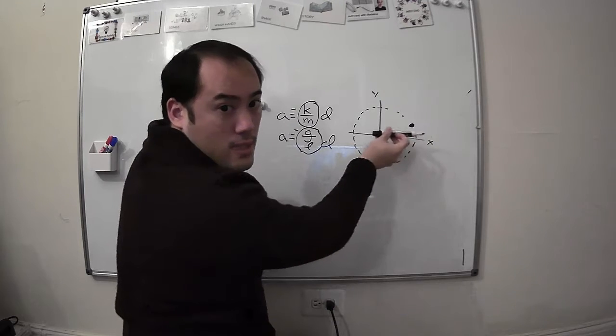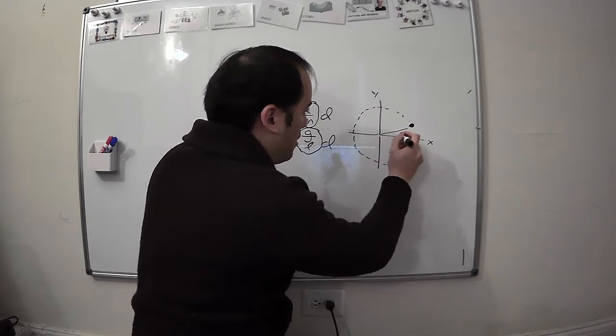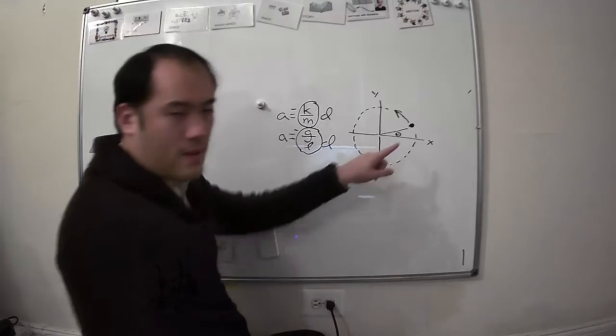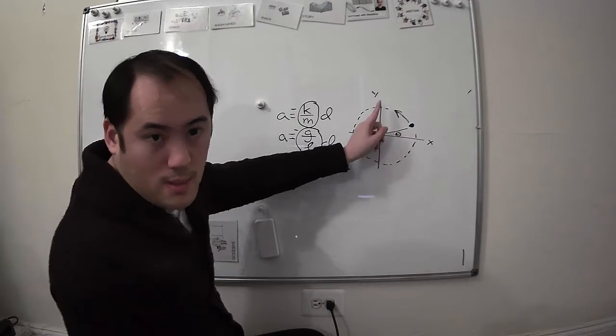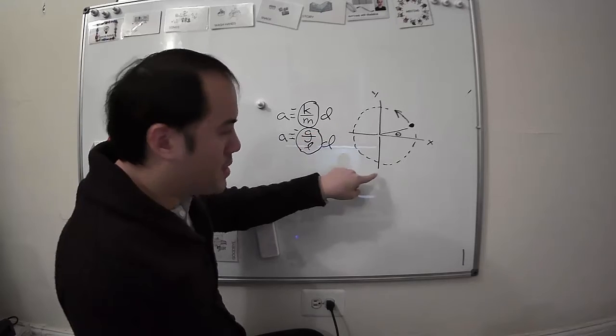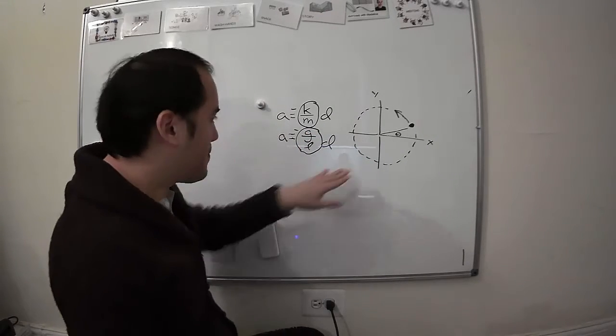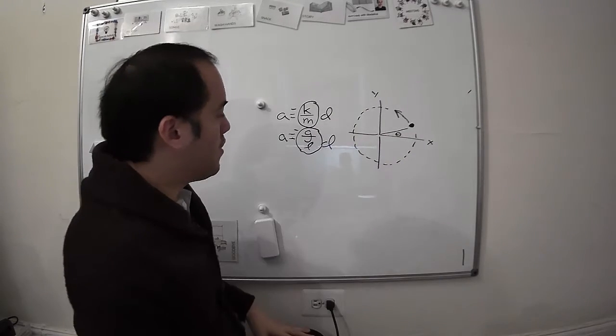Let's say it starts here and rotates counterclockwise. So theta goes from 0 to pi over 2, pi, 3 pi over 2, 2 pi. Remember, we're in radians, not degrees. So that's going back and forth.